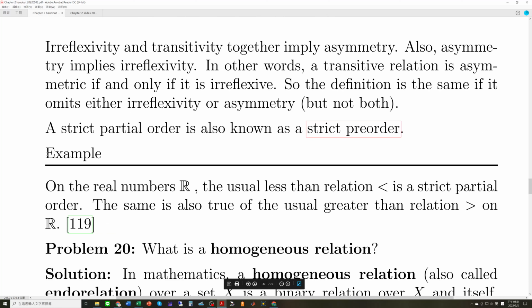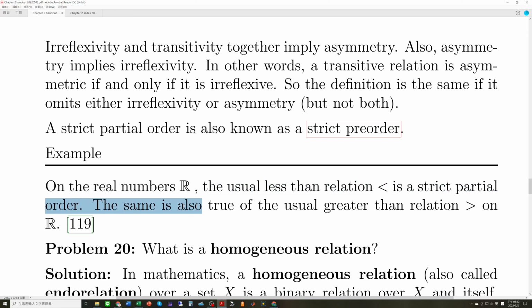A strict partial order is also known as a strict preorder. We will see what a strict preorder is later. Let us see an example. On the real numbers R, which I have told you denotes the set containing all real numbers, the usual less than relation is a strict partial order.